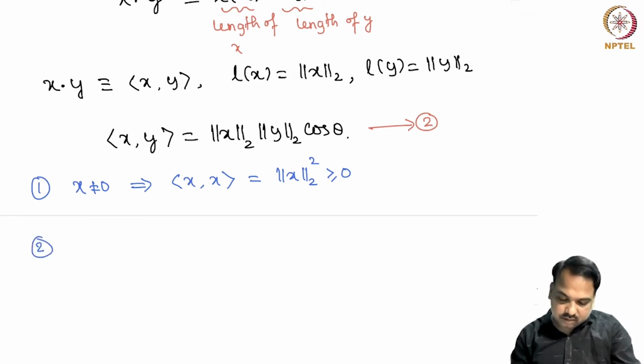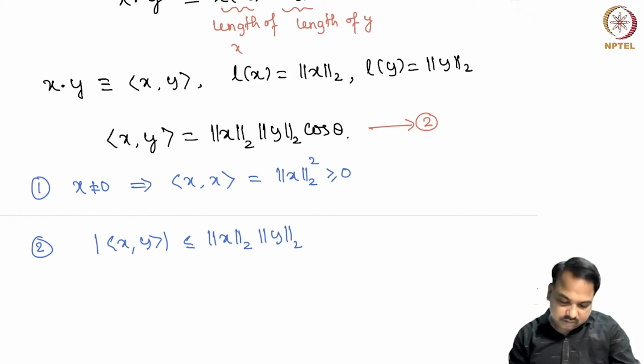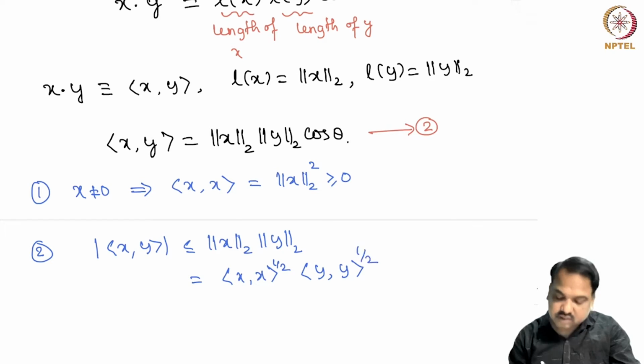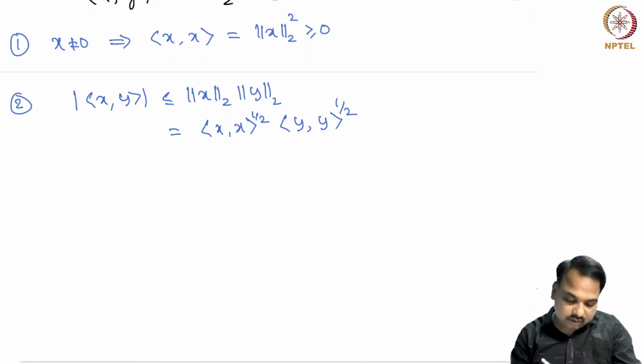Okay, so if you take the modulus of the equation, the scalar product xy is less than or equal to the Euclidean norm of x multiplied by the Euclidean norm of y. This we can again write as the square root of the scalar product of x with itself, and the square root of the scalar product of y with itself. This inequality is very well known as the Cauchy-Schwarz inequality.